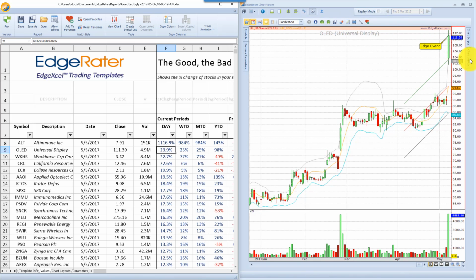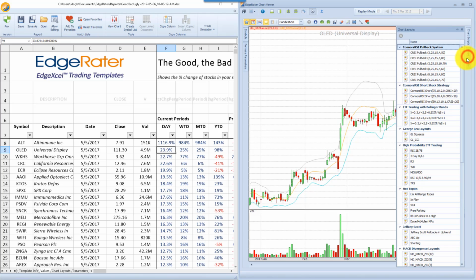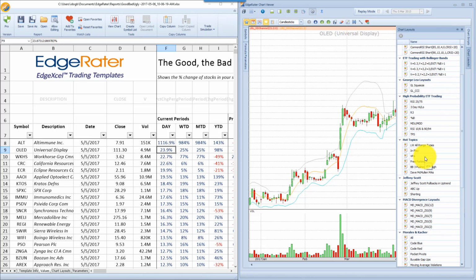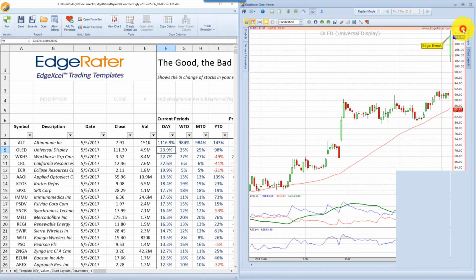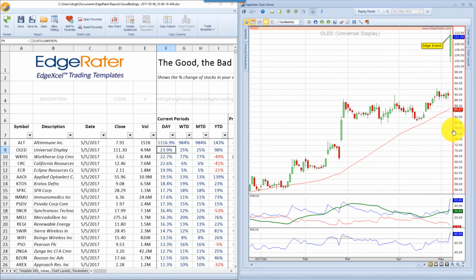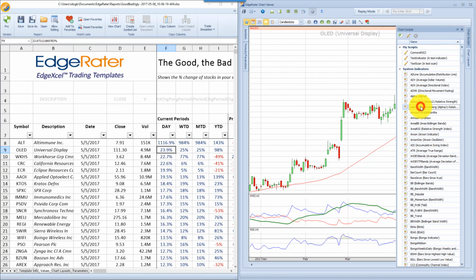I'm going to choose a layout here that's more appropriate. Right now I'm looking at a linear regression, and I think I'm going to choose to look at, let's see what we can look at here. I could take a look at the free parking layout, just because that has the 50-period moving average on. It's quite a clean looking chart. I might just add in volume here.